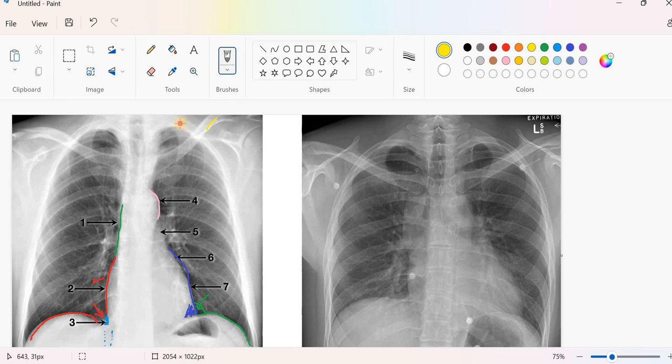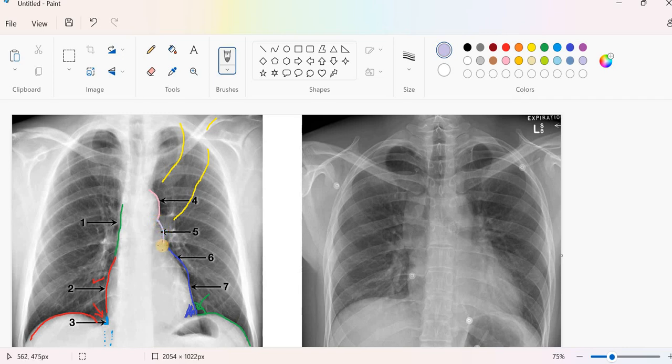We are going to count the ribs, the anterior ends, from the periphery, then downward and medially. So this is the first rib. This is the second rib. The distance between the first rib and the second rib is intercostal space number 1. And we are on the left side. So now this is the aortic knuckle. If we look at the shadow just below this aortic knuckle, this is called the pulmonary shadow, which is made by the pulmonary artery.